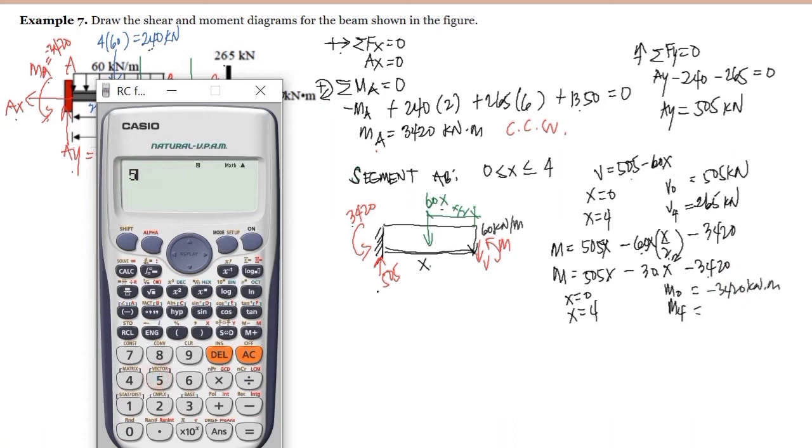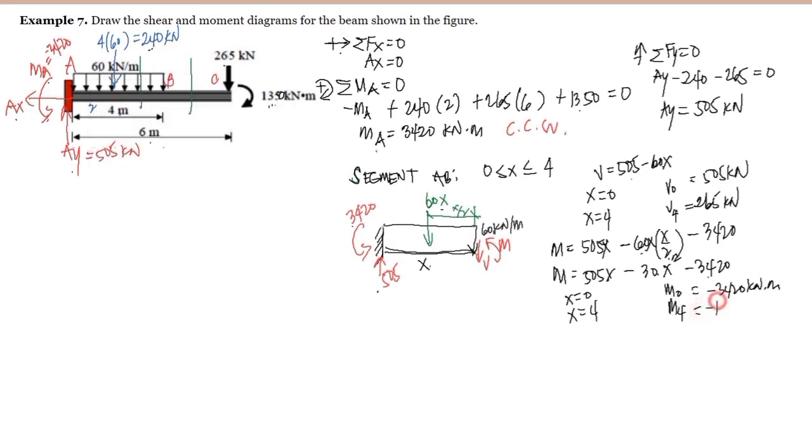So we have here 505x minus 30 x squared minus 3420, and calculating at 4, we have negative 1880. So this is negative 1880 kilonewton meter.